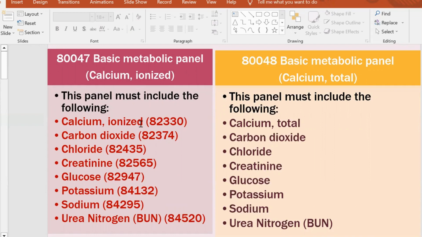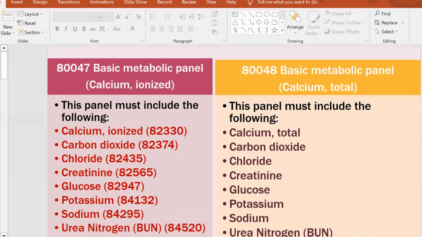The code given in the bracket is 82,330. If the patient has undergone only calcium ionized, then we record only 82,330. But if the patient has undergone the basic metabolic panel with calcium ionized, we should report only 80,047.